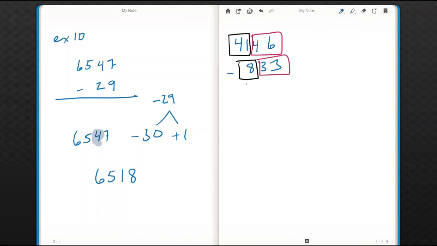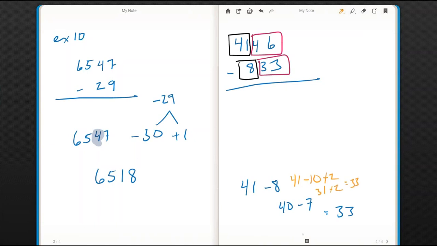If you look at this problem and say, okay, 41 hundreds minus 8, if I have 41 minus 8, that's the same thing as 40 take away 7, that's the same thing as 33. Or maybe you do 41 take away 10, put 2 back, and that gives you 31 plus 2, which is also 33. Either way, when I'm solving this, I have 33 hundreds and 13 ones.